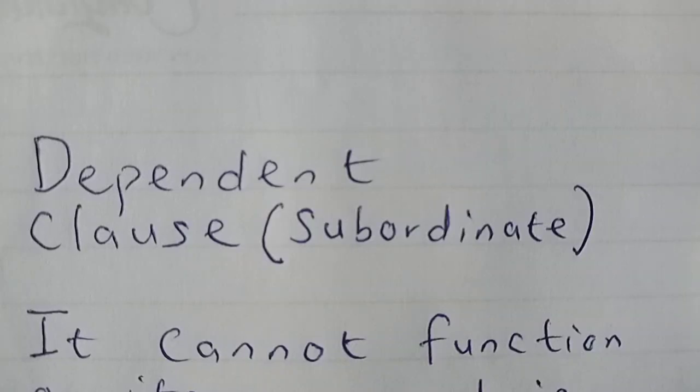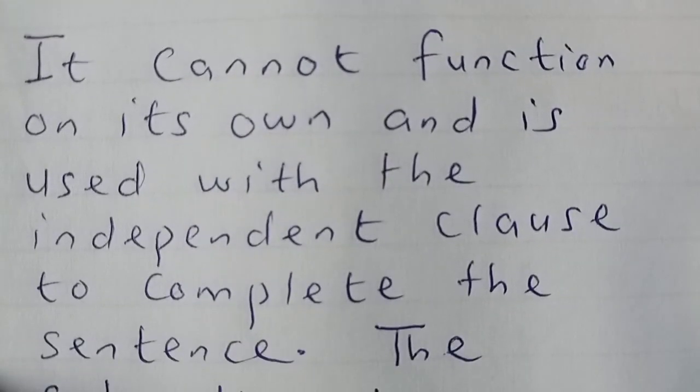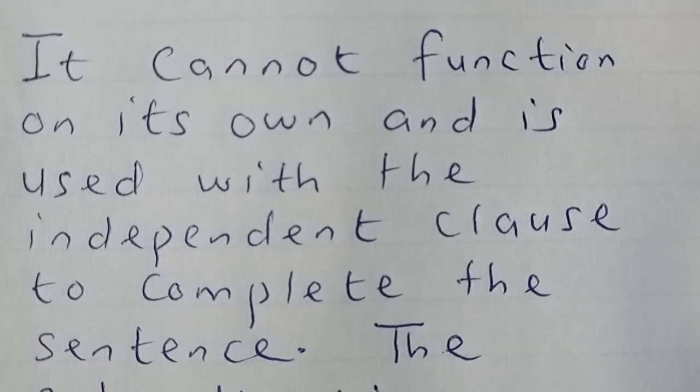The second type of clause is the dependent clause, also known as the subordinate clause. Now, the dependent clause cannot function on its own and is used with the independent clause to complete the sentence.